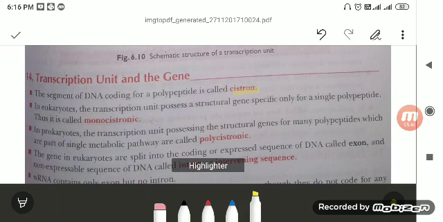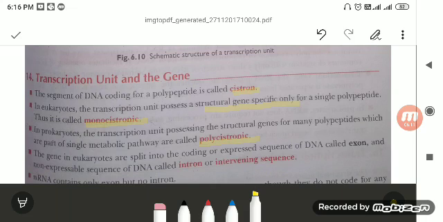In eukaryotes, the transcription unit possesses the structural gene specific for only a single polypeptide, so that is monocistronic, whereas in prokaryotes the transcription unit possesses the structural genes for many polypeptides within the same segment, so that is known as polycistronic.